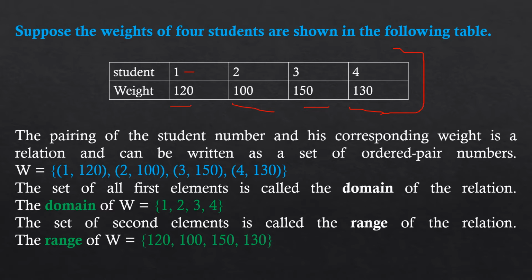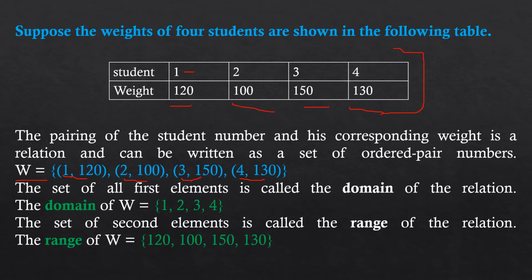The pairing of the student number and the corresponding weight is a relation, and can be written as a set of ordered pairs. Let's say weight equals 1 to 120, 2 to 100, 3 to 150, and 4 to 130.